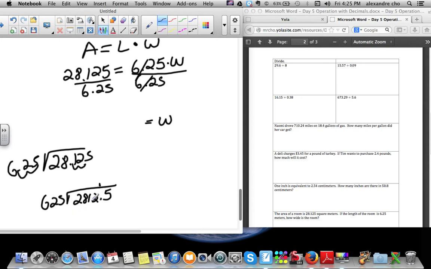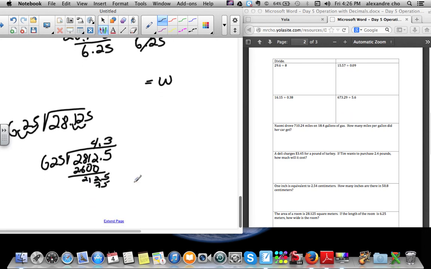625 goes into 28. I'm thinking maybe 4 times. So 4 times 5 is 20, 4 times 2 is 8, that's 10, that's 24, 26. How much is left over? 2, 1, 2, 5. And I'm thinking 625 goes into that 3 times. 3 times 5 is 15, 3 times 2 is 6, 7, and then 3 times 6 is 18.